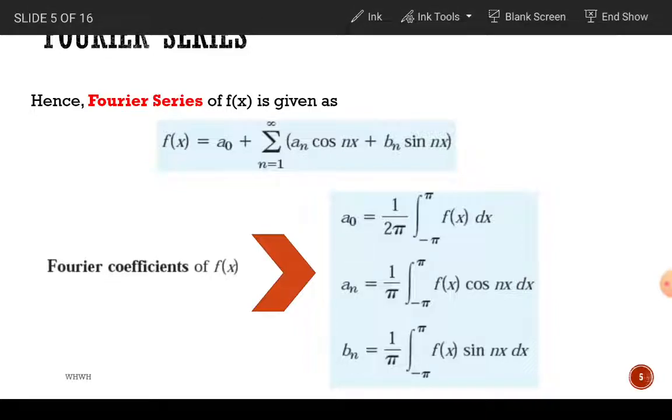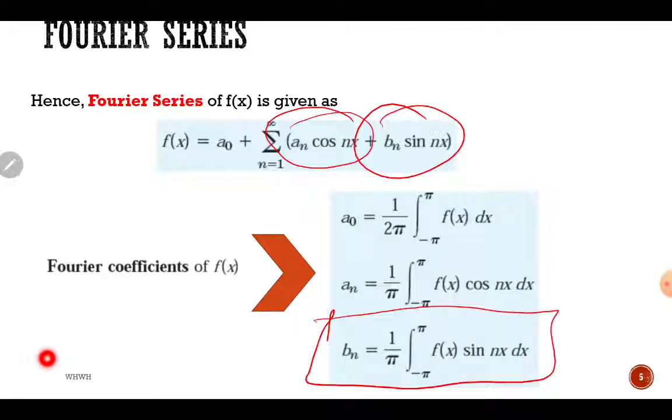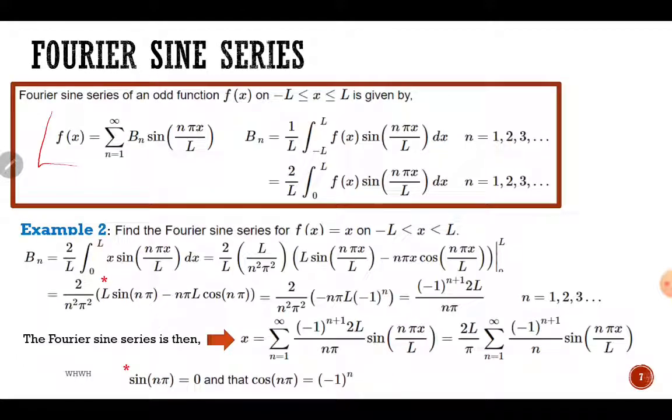The earlier formula, this bn sin nx is the sine series, right? An cos nx is the Fourier cosine series. Okay, so the coefficient for the Fourier sine series in this formula is 1 over pi from negative pi to pi f(x) times sin nx dx. Whereas in this formula, our bn is, okay, 1 over L. Just now it was pi. What is the difference between these two?